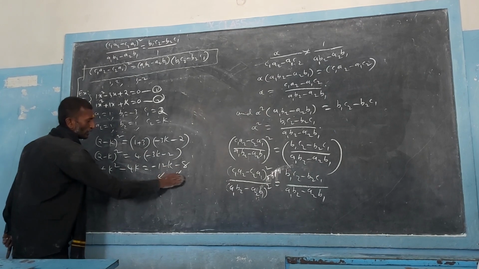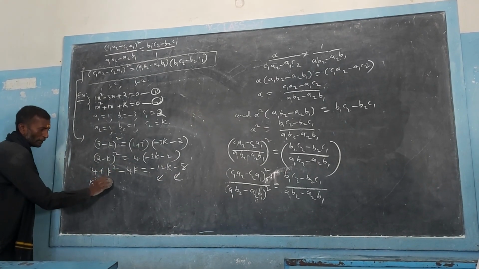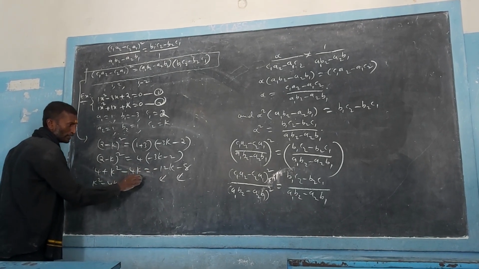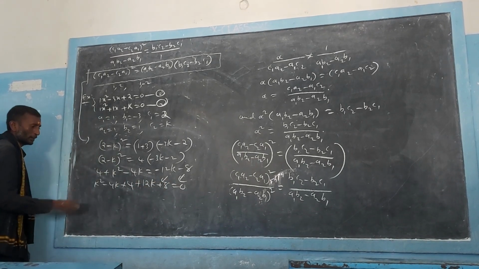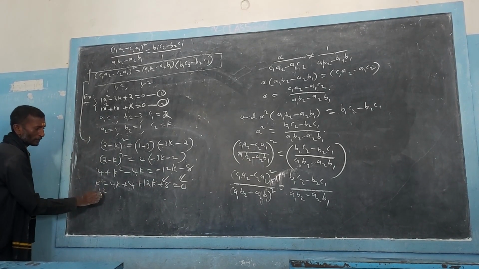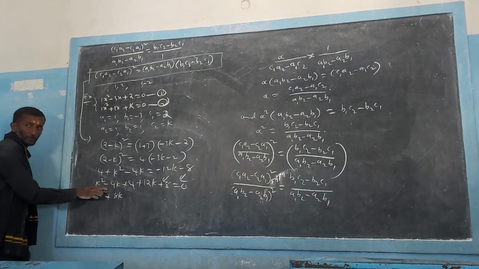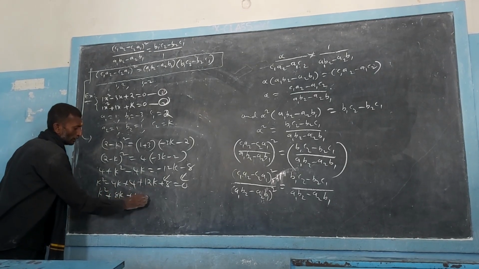Sending both these terms to the left hand side, we must change their signs. Then we get the quadratic equation k square plus 8k plus 12 equals 0, since minus 4k minus 12k... that is 8k, and 8 plus 4 is 12.